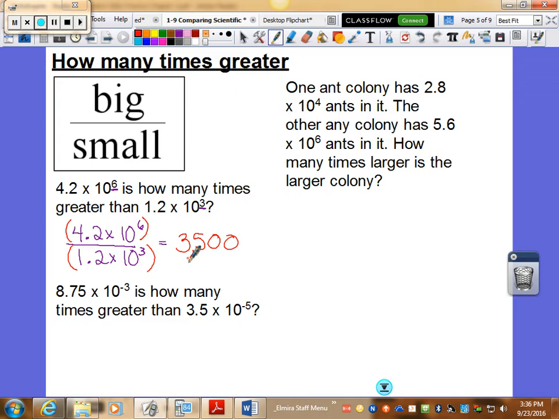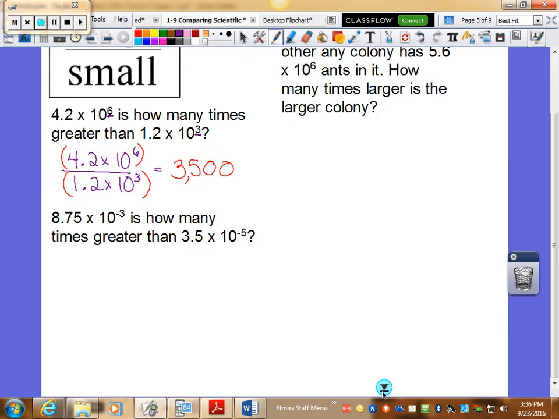8.75 times 10 to the negative 3 is how many times greater than 3.5 times 10 to the negative 5? So our rule is we put the larger value on top. My exponents are negative 3 and negative 5. Remember that negative 3, even though it seems smaller, is actually the larger value, over 3.5 times 10 to the negative 5th.